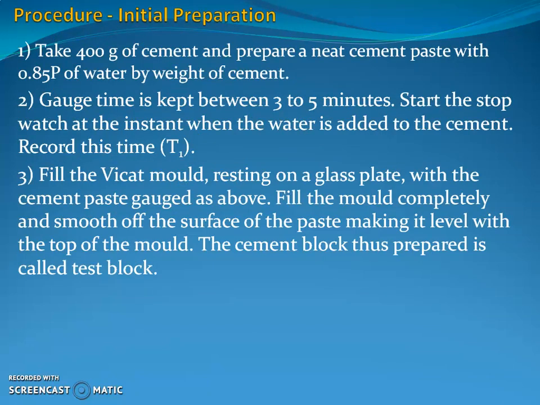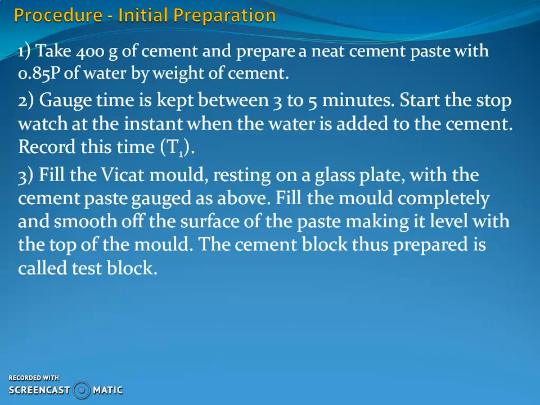For the setting time test, some initial preparation is required. First, take 400 gram of cement and prepare a neat cement paste with 0.85 P of water by weight of cement. Gauge time is kept between 3 to 5 minutes. Then start the stopwatch at the instant when the water is added to the cement and record this time as capital T1.